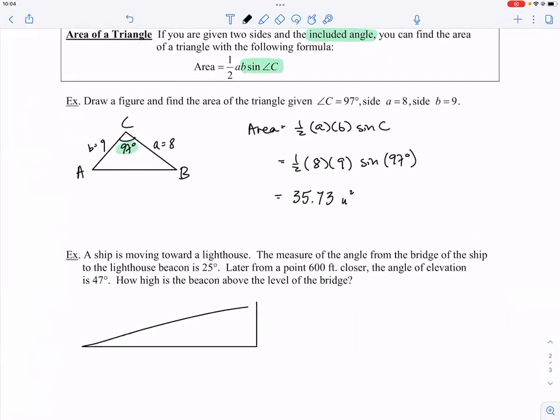So you have a ship. Later, from a point 600 feet closer, so this is 600 feet, the angle of elevation is 47 degrees. How high is the beacon above the level of the bridge?